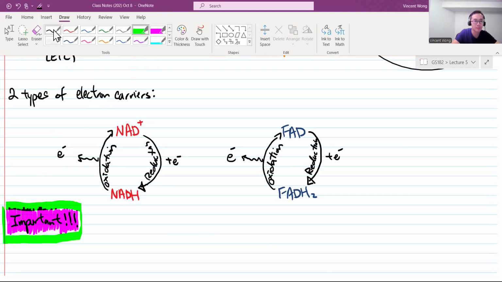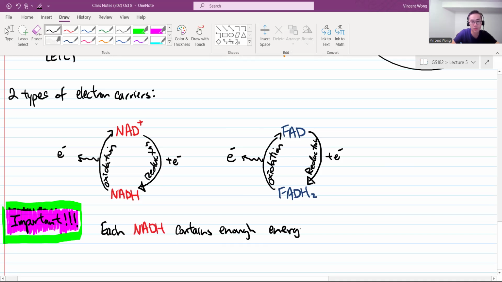Very important. Each NADH contains enough energy from the electrons to make 3 ATP.